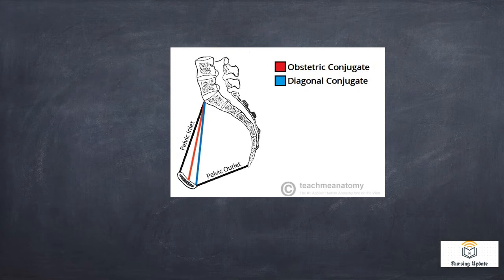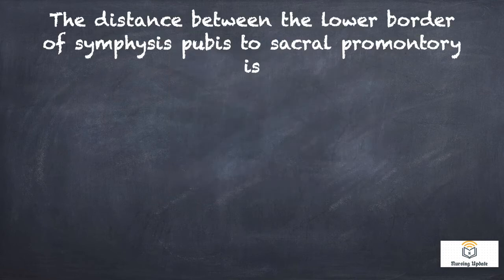Another conjugate they have given is from the sacral promontory to the lower border of the symphysis pubis. What was the question? The distance between the lower border of symphysis pubis to sacral promontory. That is diagonal conjugate. You should know the values also.